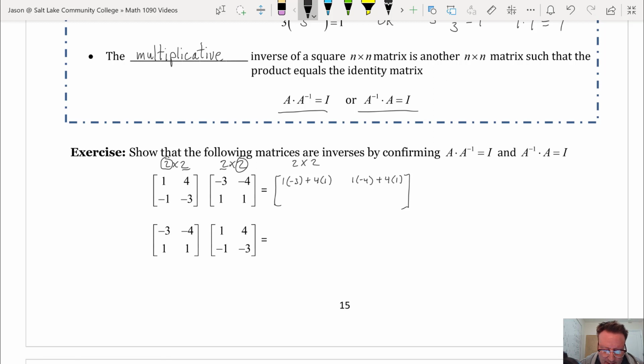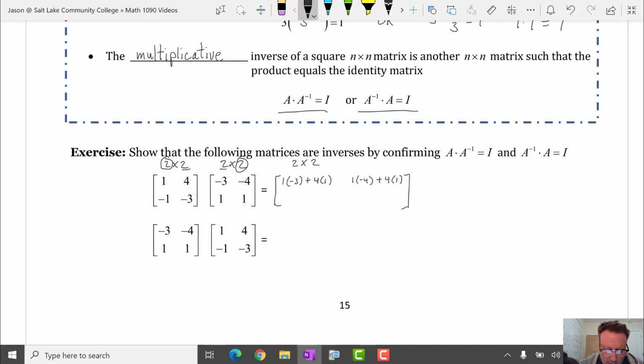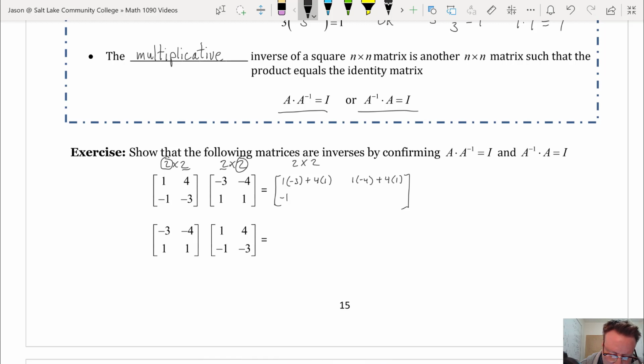This element here is in the second row first column. So I'm going to take the second row from the matrix on the left and do a dot product with the first column from the matrix on the right. So I'm going to have -1 paired with -3.